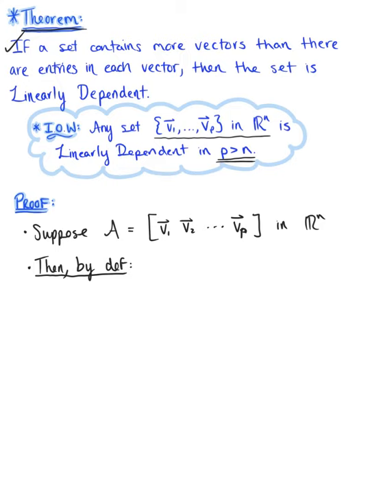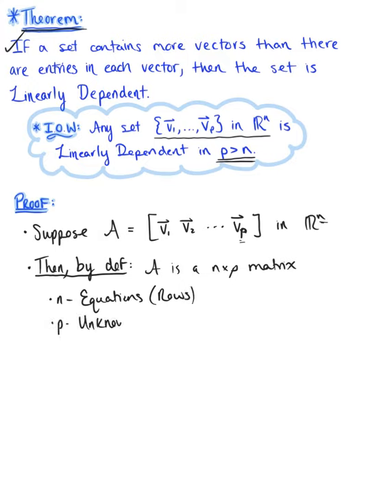Well, if A is defined by the column vectors v sub 1 through v sub p, and these exist in Rn, we can say that A is an n by p matrix. So in other words, there are n equations, or rows, and there are p unknowns, or columns.